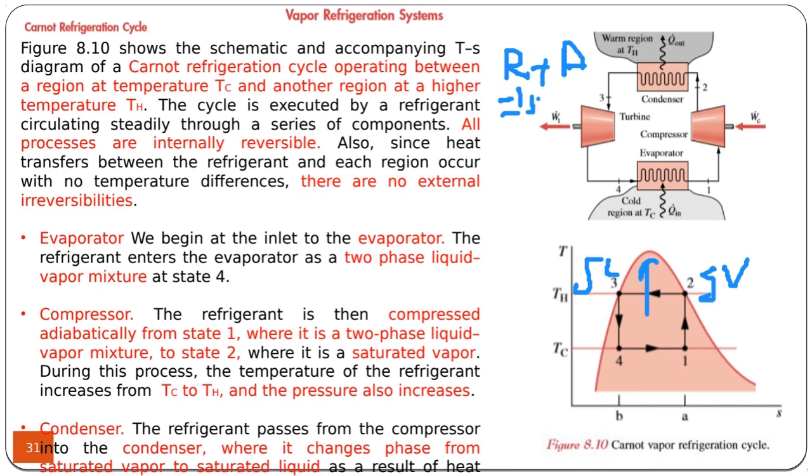Inside the turbine, it expands isentropically to the inlet of the evaporator, where heat is absorbed from the surrounding by cooling the surrounding. As it absorbs heat, the mixture is evaporated, not to saturated vapor, but it becomes drier because of the evaporation.